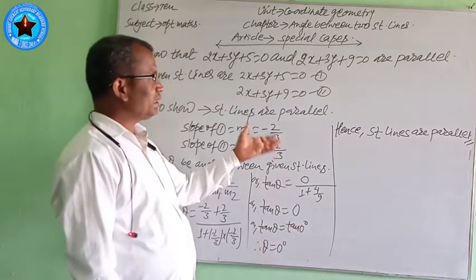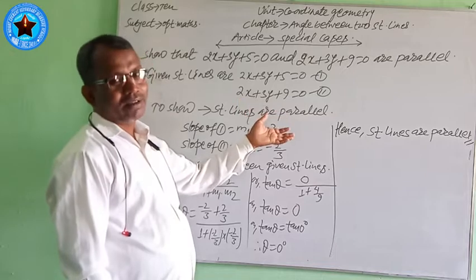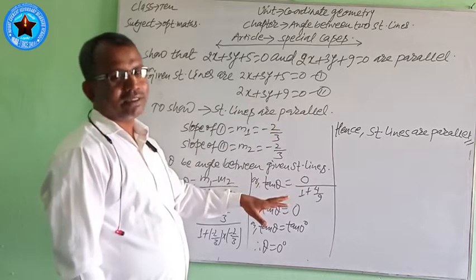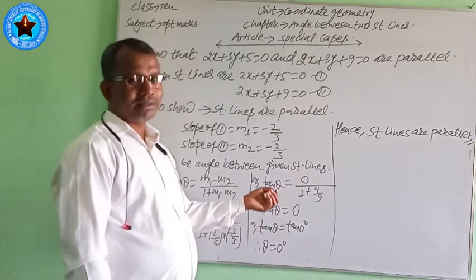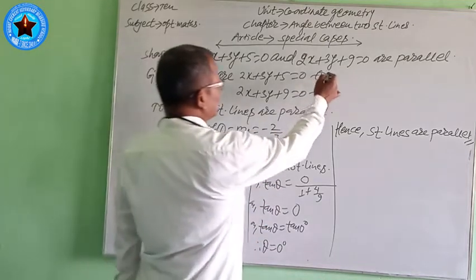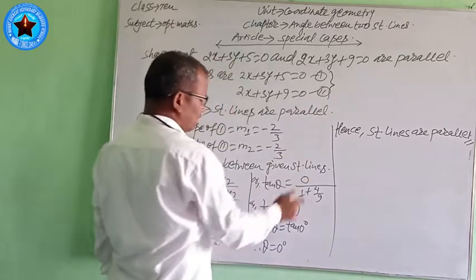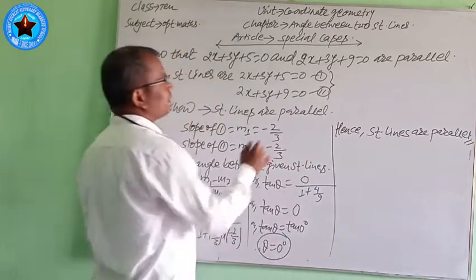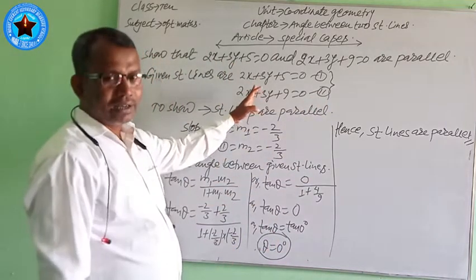And we know that straight lines are parallel if the angle between them is 0 degree. Therefore, we can say these two straight lines are parallel.